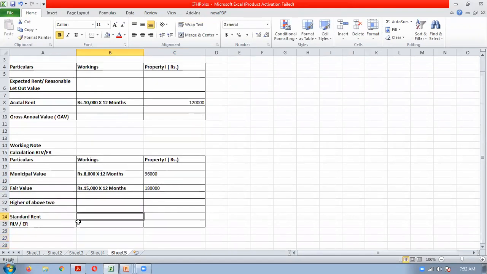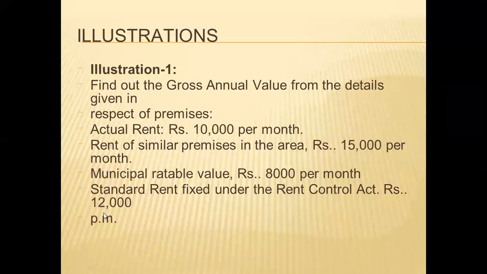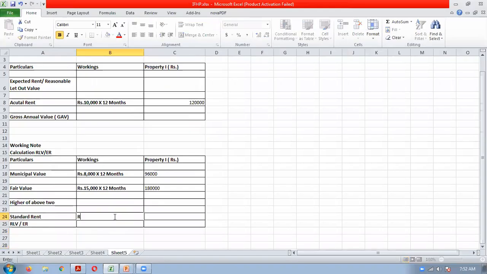Now standard rent is 12,000 per month. So 12,000 into 12 months, 1,44,000. So all the data we have calculated for our workings.